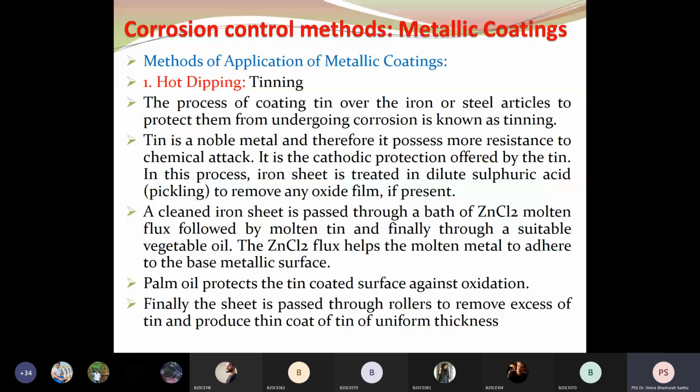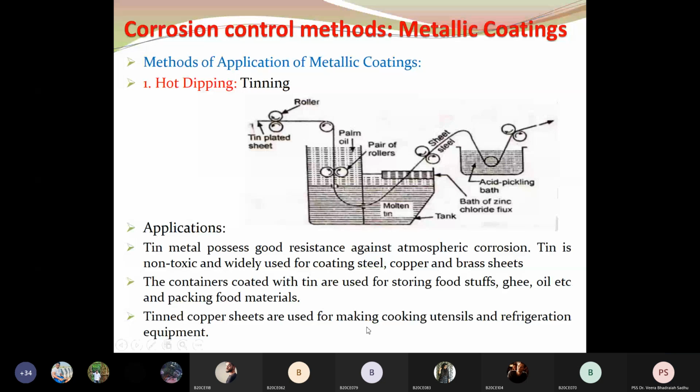So this is the typical diagram for the tinning method. Here you have to read from right to left. First you clean it with the acid bath, clean the surfaces and wash it with water.